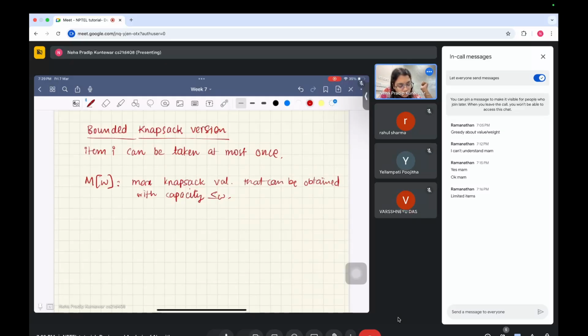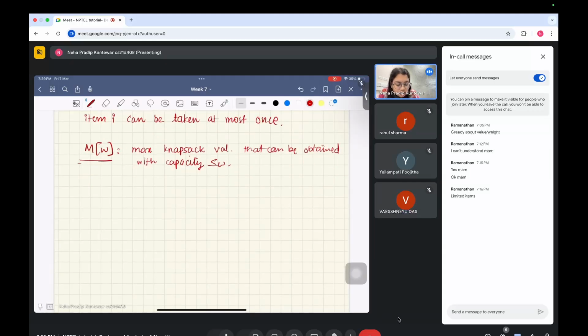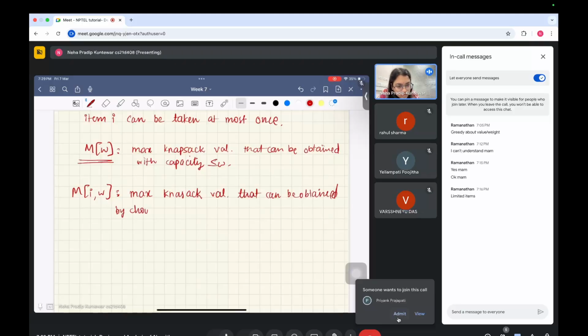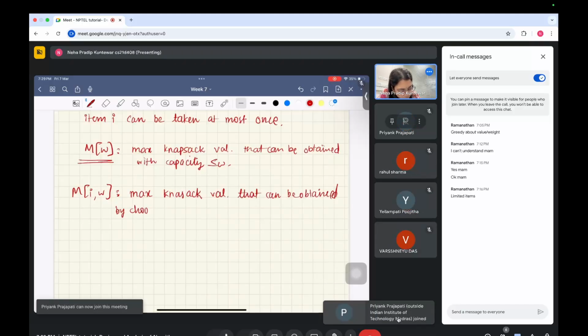So then what we're going to do is modify our variable by saying that m of i, w is the maximum knapsack value that can be obtained by choosing items up to i.